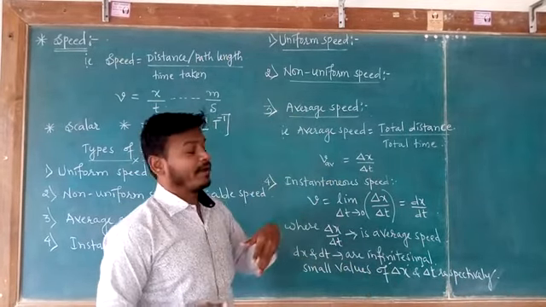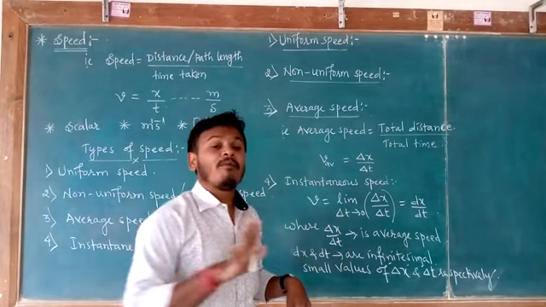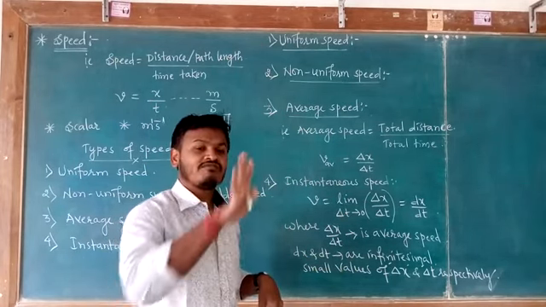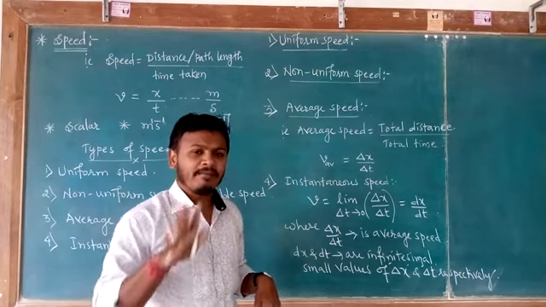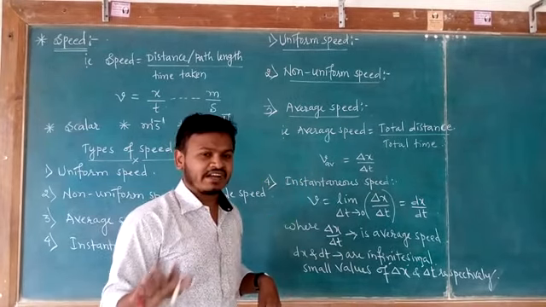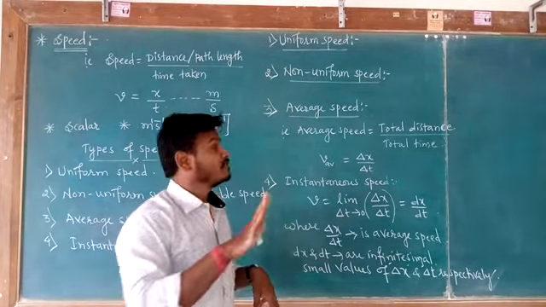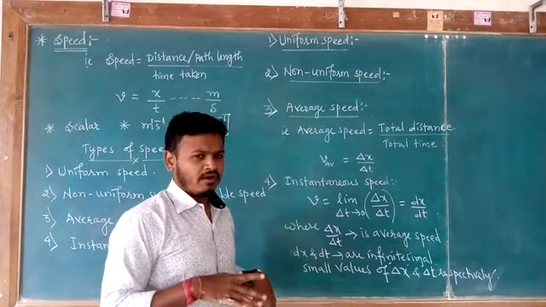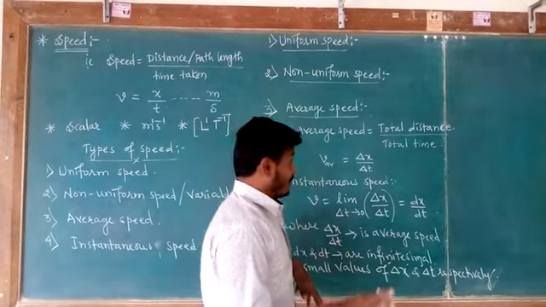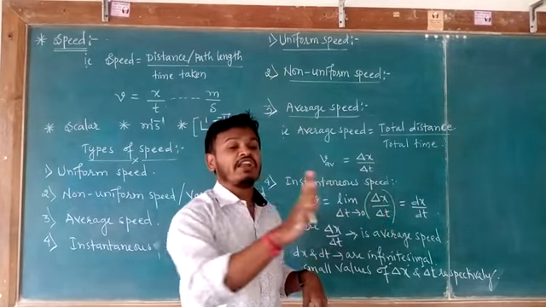Generally, non-uniform speed can be understood with this example. Suppose a car is traveling along a straight line, and let it cover 5 meters of distance in the first second of time, 10 meters in the second second, and 1 meter in the third second, and so on. Then the speed of the car is non-uniform. In other words, the car travels unequal distances in unequal intervals of time.